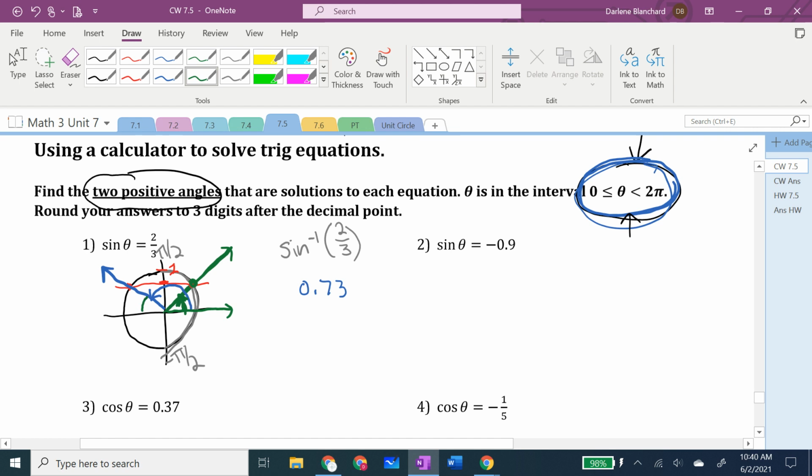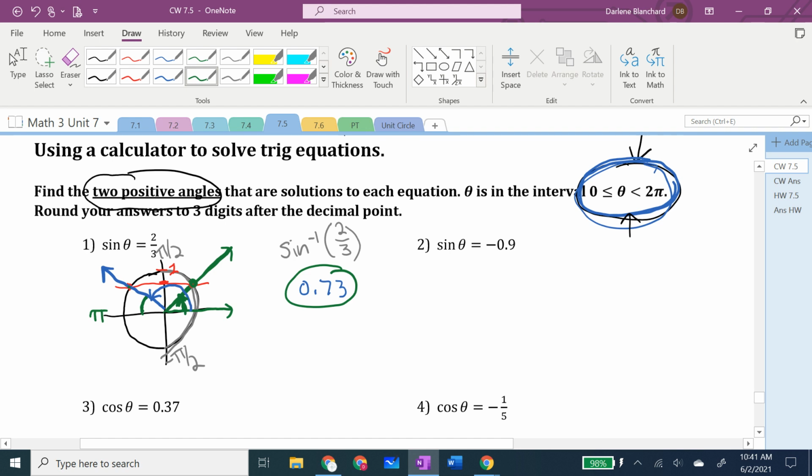Do you see that that's the same angle as this measurement? Right here is pi radians. If I do pi minus 0.73, that will take me to this angle. I want you to first see the visual nature of it, but you're going to be allowed to just use a formula.